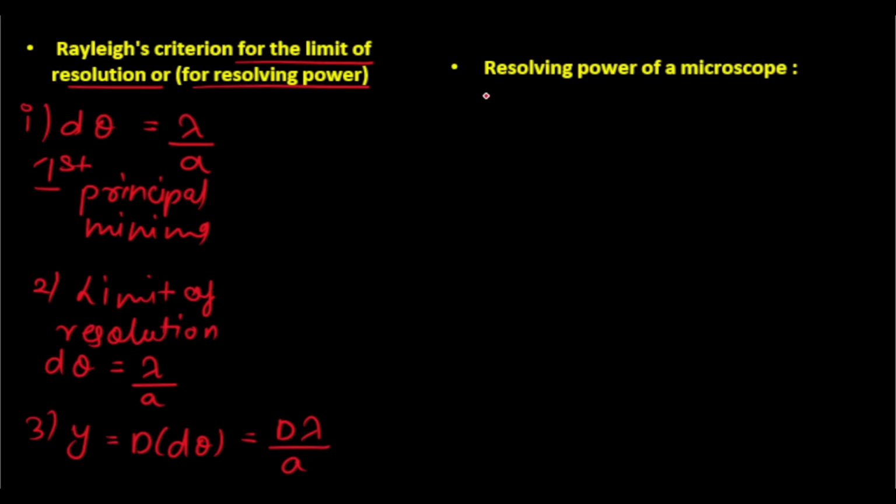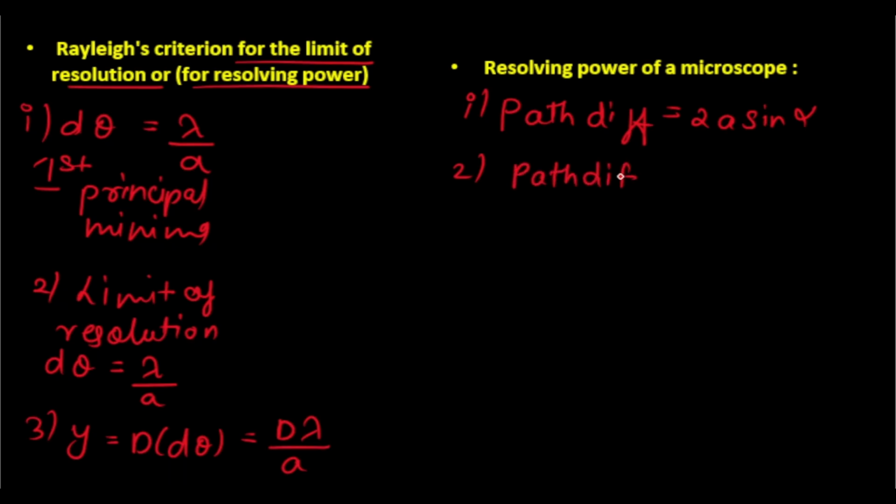Resolving power of a microscope. First, the path difference is equivalent to 2a sine alpha. Second, the path difference at the first dark ring is lambda by n.